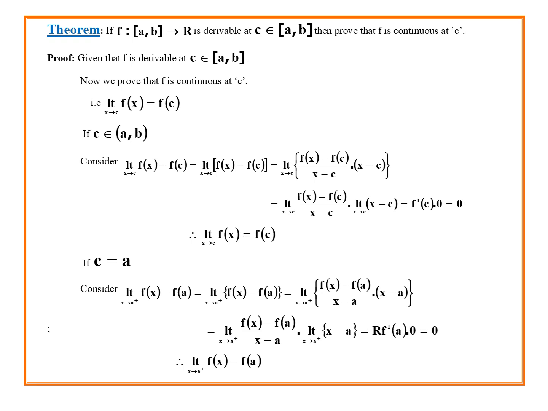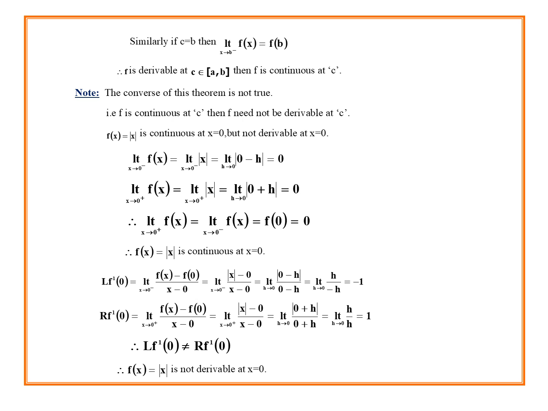Limit x tends to a plus, f of x minus f of a by x minus a, into limit x tends to a plus, x minus a. That implies this is nothing but right hand derivative, which means f dash a into this is 0. That entire value becomes 0. Therefore, limit x tends to a plus, f of x is equals to f of a.